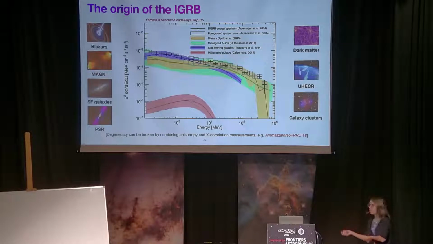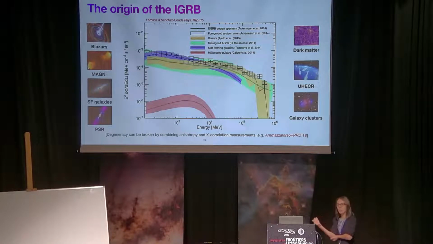Because it is for sure the superposition of multiple components. You can think of our own galaxy as embedded within the universe, so it receives light from all galaxies around us, and also active galactic nuclei and other kinds of emitters far away.